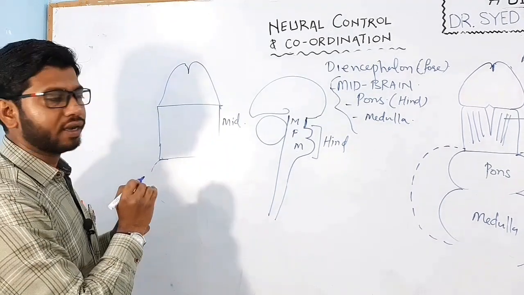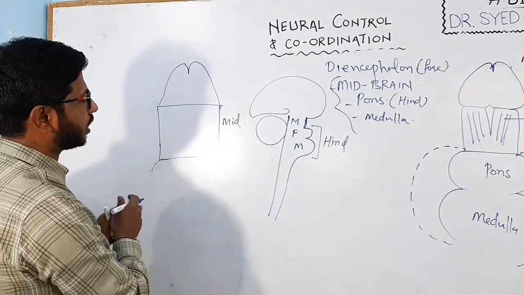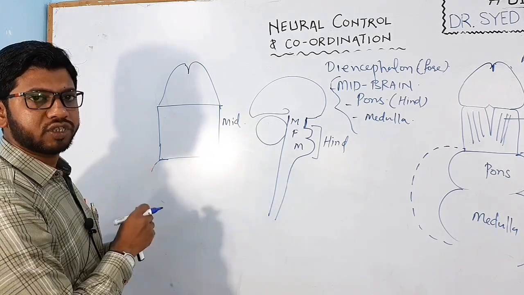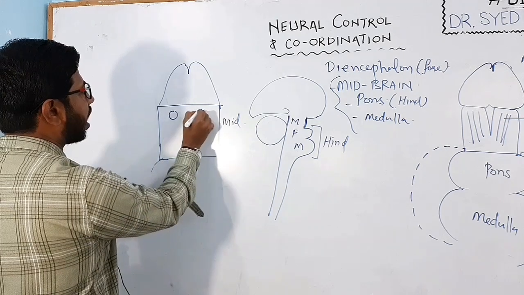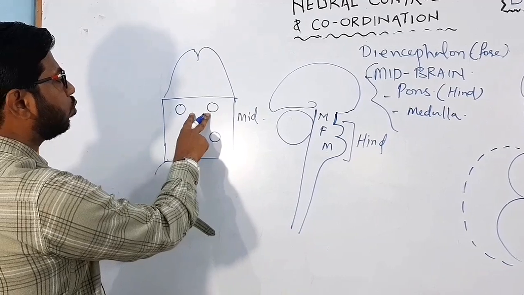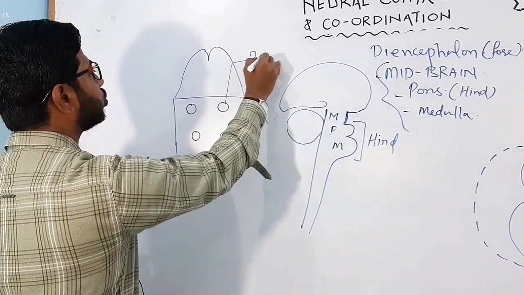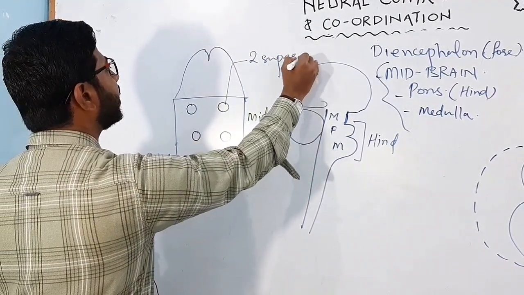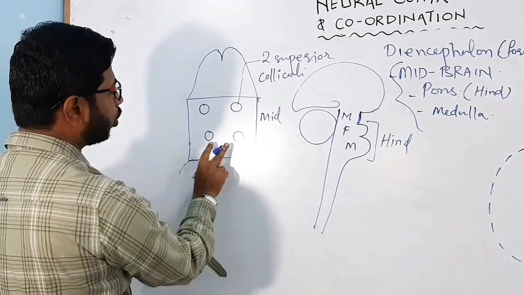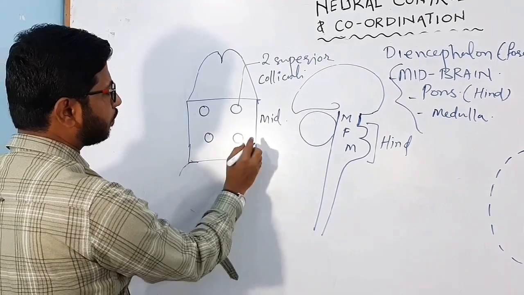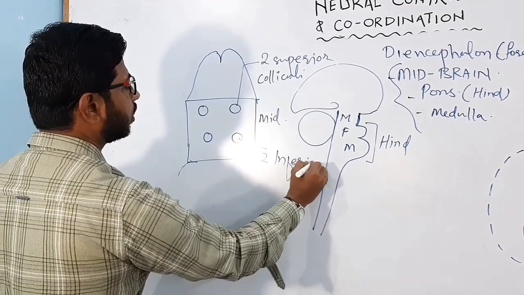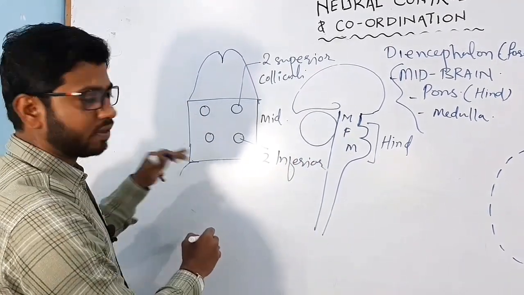A point to be noted is that from the posterior position, the midbrain contains four spherical projections. These are those spherical projections. The upper two are known as the two superior colliculi, and the lower two spherical projections are known as the two inferior colliculi. Superior means above, inferior means below.